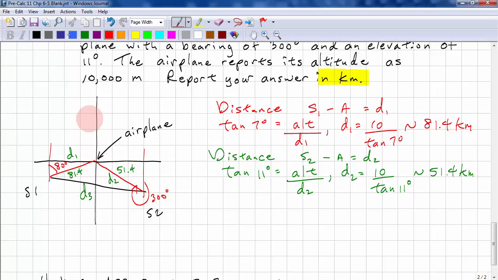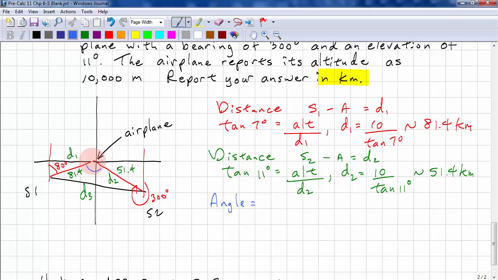We need to know this angle. So the angle equals, okay, so this is 300 degrees, and this is 80 degrees. So this is the angle to the airplane, and this is the angle to the airplane.